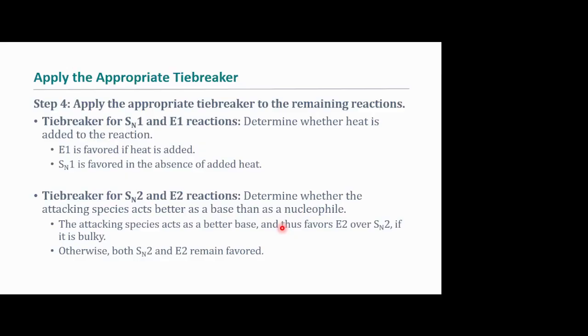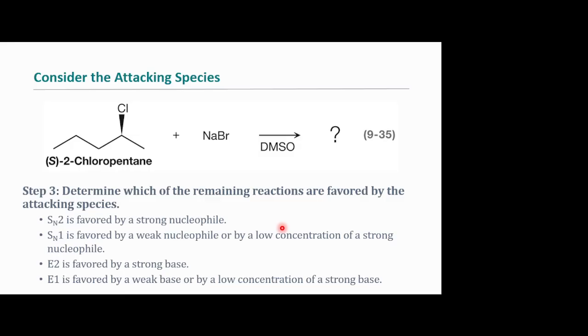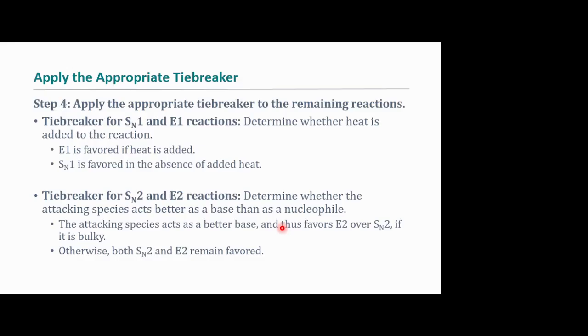If you're getting down to a 4 and 5 of tiebreakers, we're talking much more minutia. Okay? We're looking at much smaller effects than the previous parts. These previous parts were really big ones. Okay. So step 4, we're going to apply the appropriate tiebreaker to the remaining reactions.